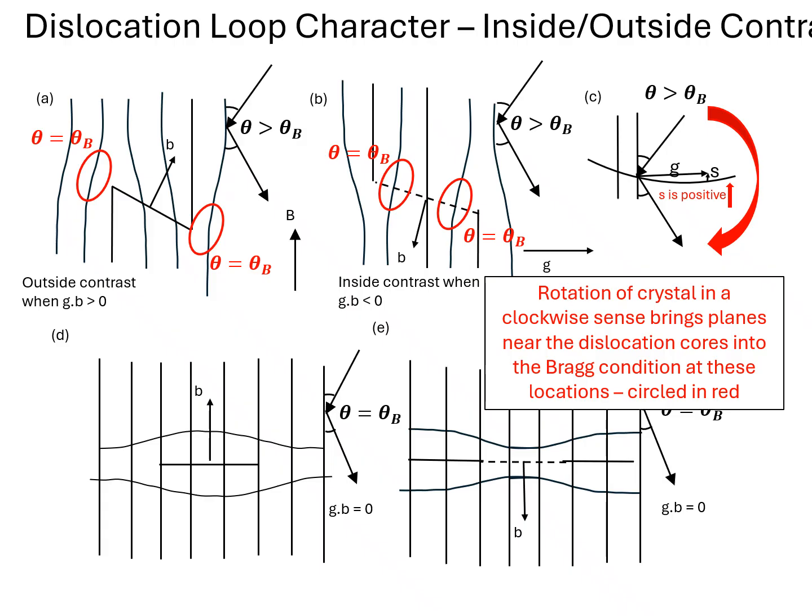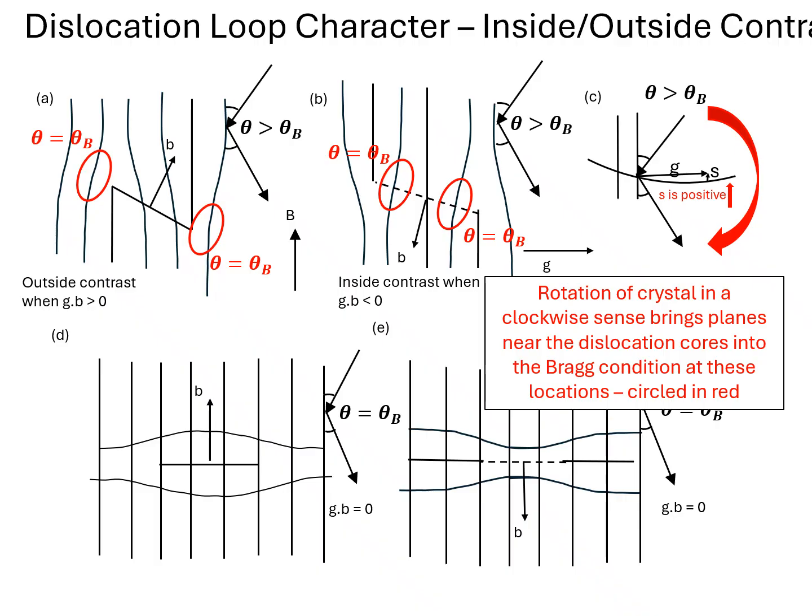Just a point to note is using the convention established by Mayer and Ayer and followed by Mike Loretto, the deviation from the Bragg condition is described by what's called a deviation parameter, S. And in this condition, when we deviate larger than the Bragg condition, we've rotated the crystal relative to, I'm going to talk about this in a minute, the Ewald sphere.